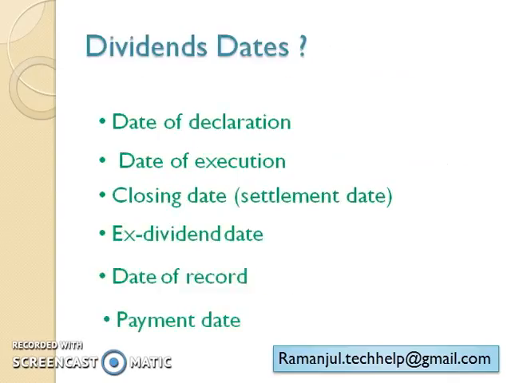The dividend dates are very important, I was talking about these. You have to keep in mind, better take a pen and paper and write down what the dividend dates are. Whenever they announce dividend dates, you can remember these terminologies very easily, or else watch my video again whenever you get confused.